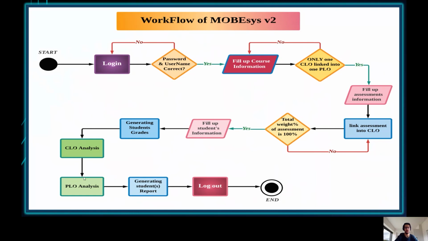So there will be some visual analysis of the CLO overall for this particular course, and for each individual student. The same goes for the BLO analysis, and it can also generate a student report for every student, for all students, and the logout and the email.